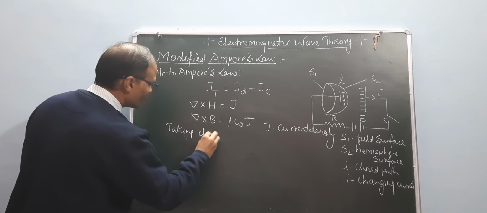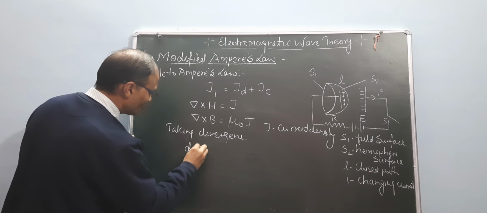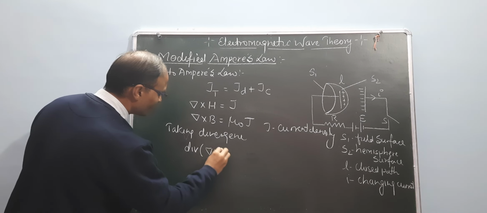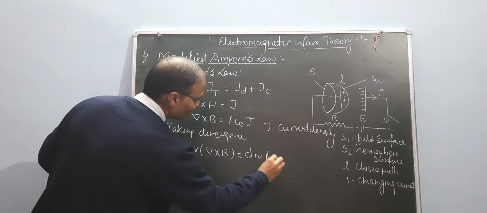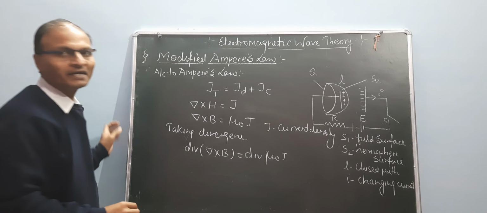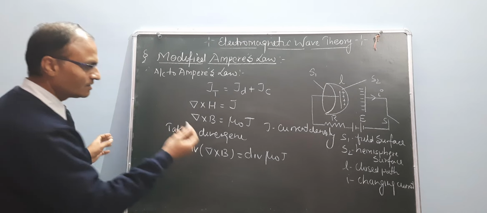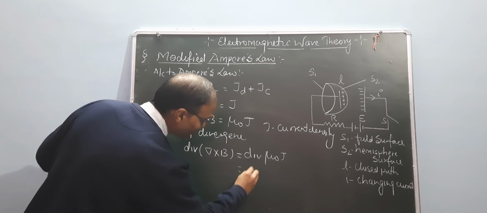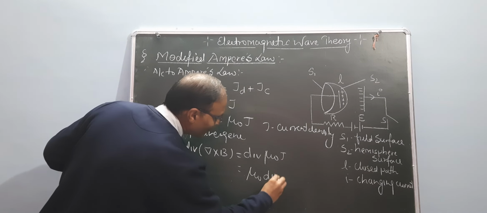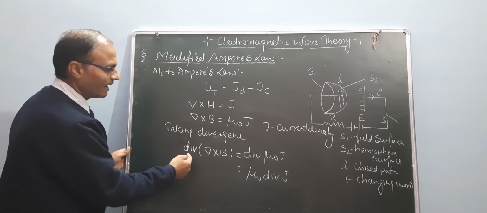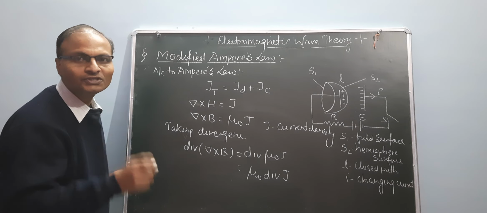Taking divergence, divergence of del cross B equals divergence of mu naught into J. Mu naught is the constant permeability of free space, so mu naught times divergence of J, and the divergence of a curl tends to 0.